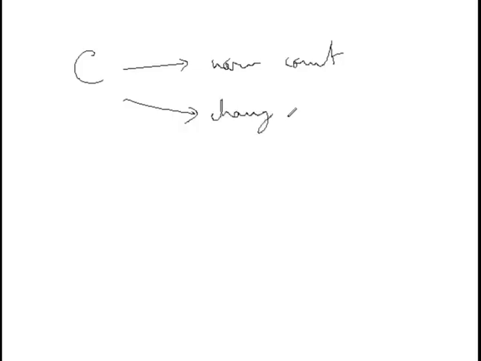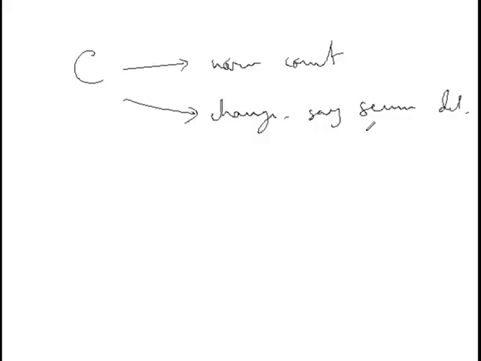Now, what I am saying is C is normally constant. However, it can change in some other detectors, say semiconductor detectors, with variations.